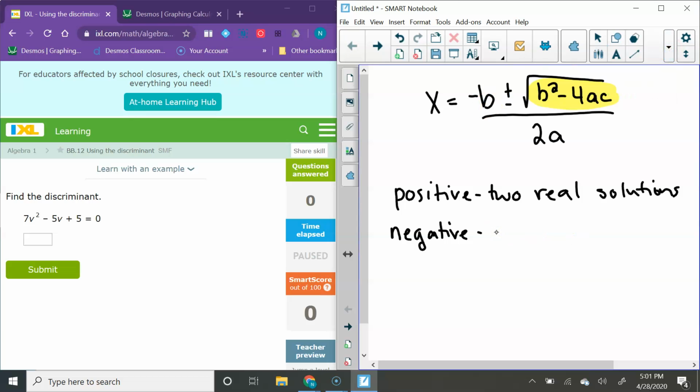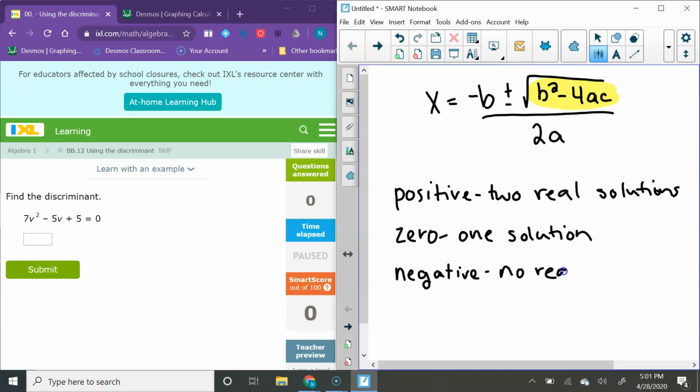Go back. If it is 0, you have one real solution. And if the discriminant is negative, you have no real solutions.